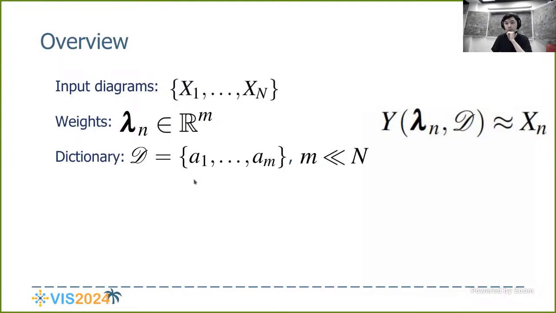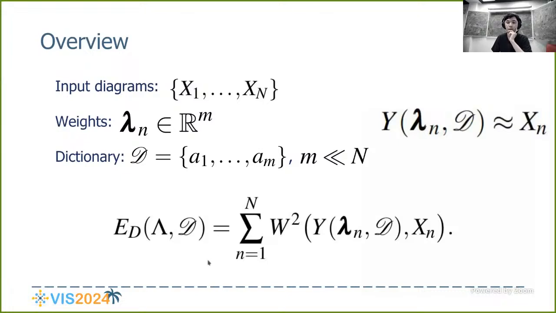So formally, we want to optimize this energy, which is just a sum of Wasserstein distances between each barycenter yn and input diagram xn. So our method is twofold: the weights optimization and the dictionary optimization.